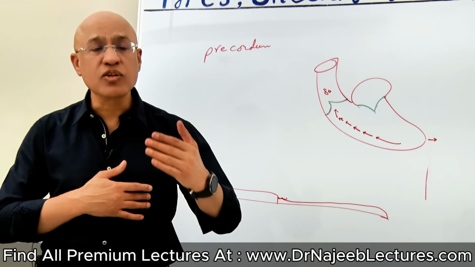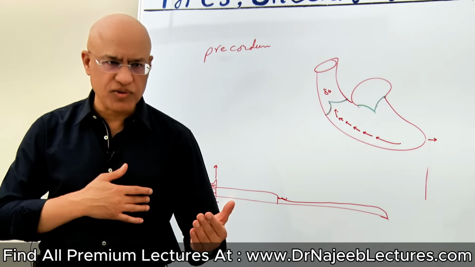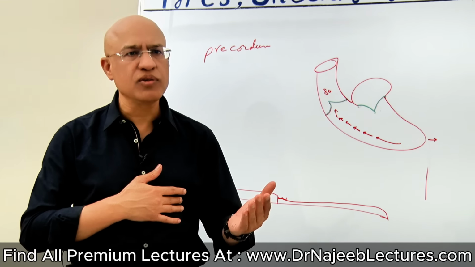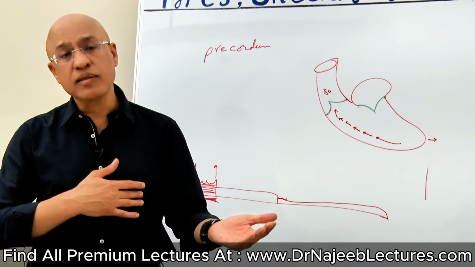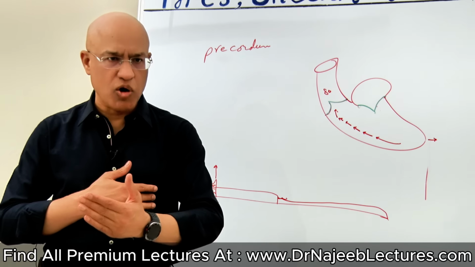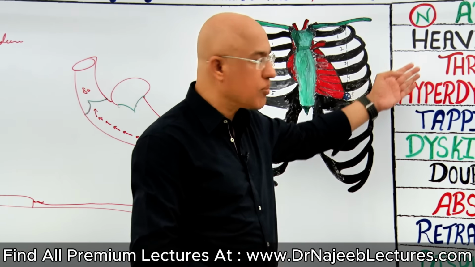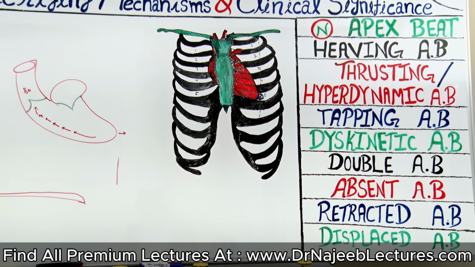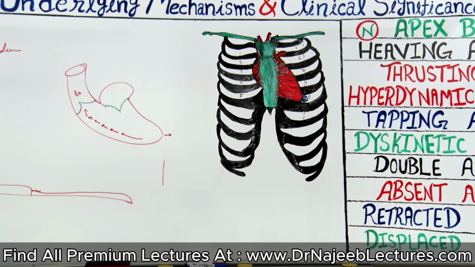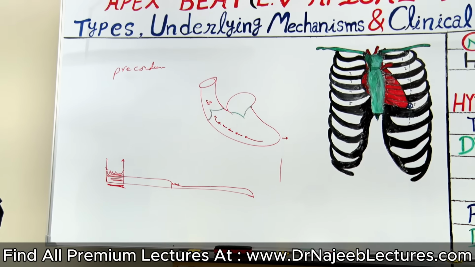As I told you, it is less than half of the systole or the first 1/3 of the systole. In some pathological conditions, it may be lifted more, or the apex beat duration may become prolonged. That we will discuss when we talk about abnormal types of apex beat, right? So this was something about the normal apex beat, right?